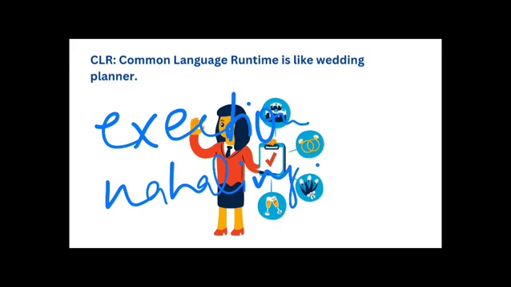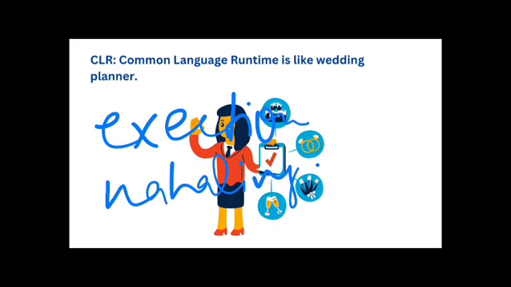The planner is also responsible for cleaning stuff and picking up dirty plates automatically, just like a garbage collector. The planner is also responsible for security, like bouncers, etc. Just like that, CLR is also responsible for security and exception handling.